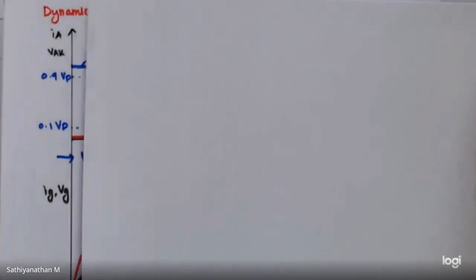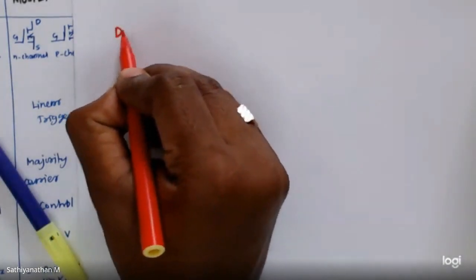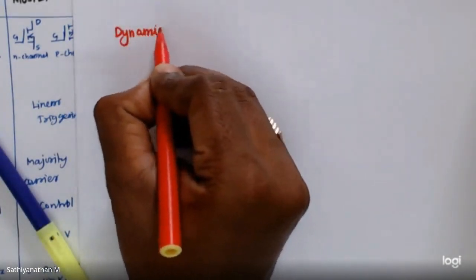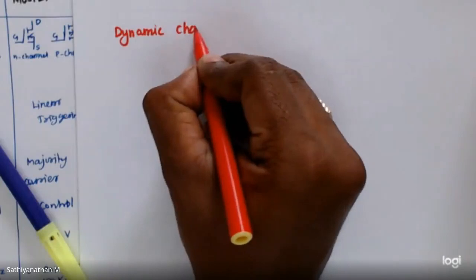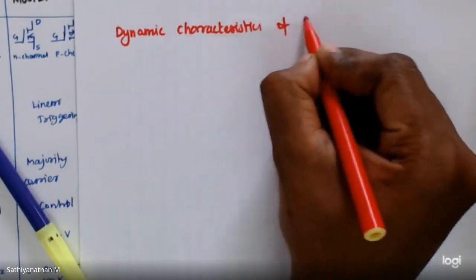So the next one is switching characteristics or dynamic characteristics of a GTO. Dynamic characteristics of GTO.